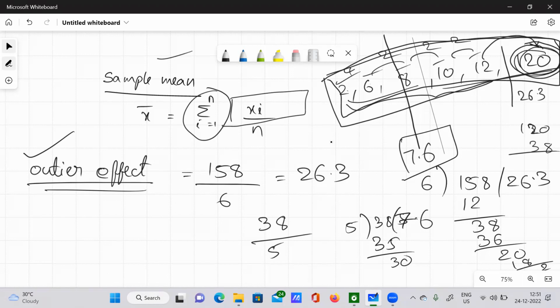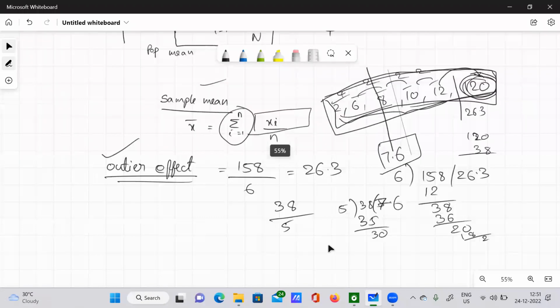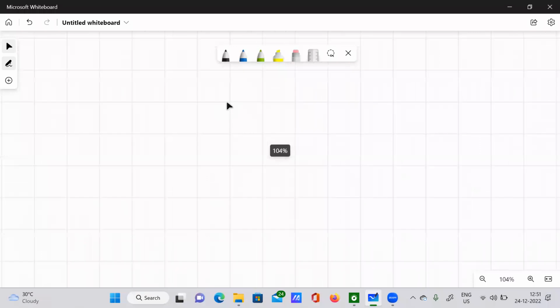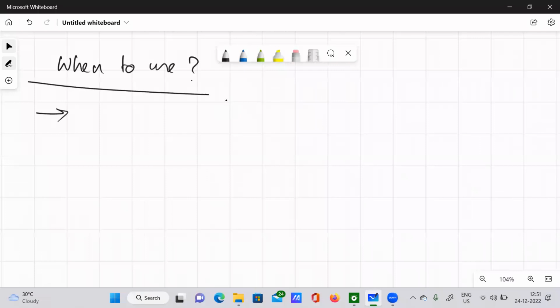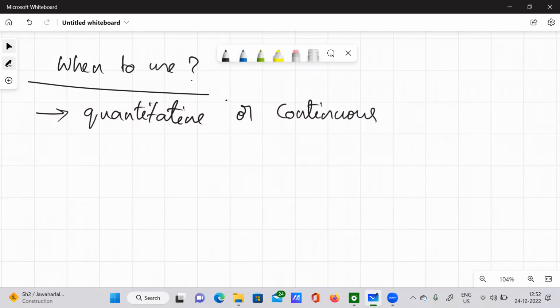And when do we use this particular mean? When do we need to use this mean here? So mean is used for quantitative, or you can also call it continuous or discrete.